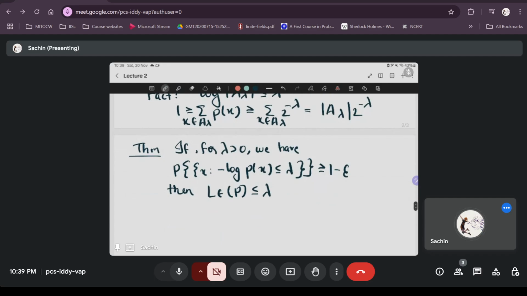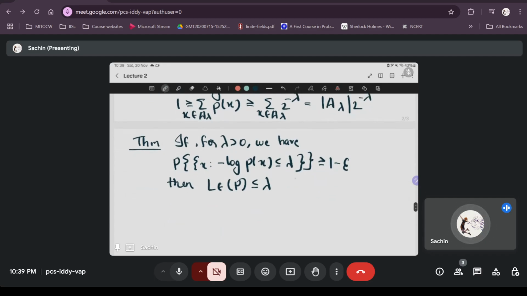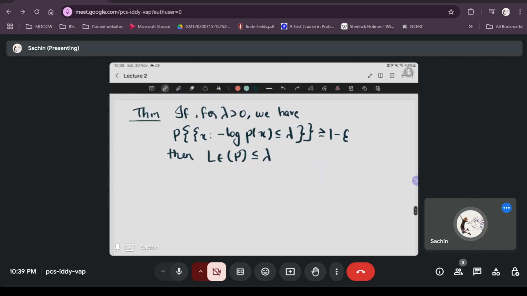So now we have an inequality of this one, which you might have seen in random processes, probability. It's the form of Markov inequality. So we'll use Markov inequality.